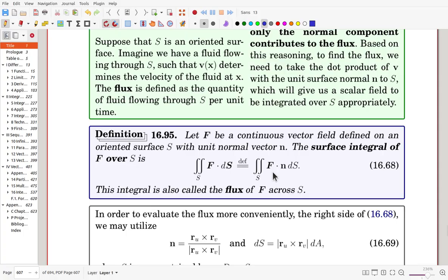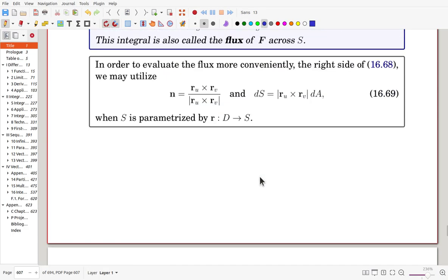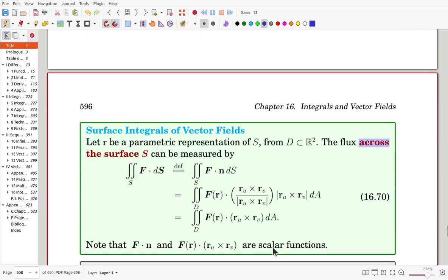Now, by using identities, we can deal with the right side effectively. n is given in this way, and dS, along with a scaling factor, dA, and this integral can be transferred to a flat region integral. So we can deal with the integral much more easily. Now, combine them.